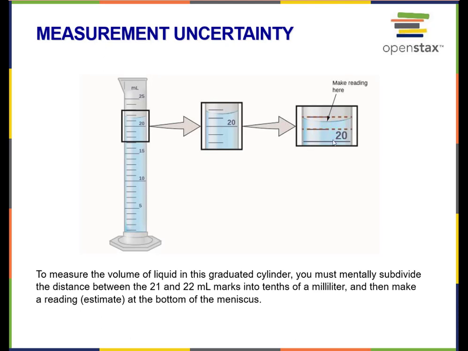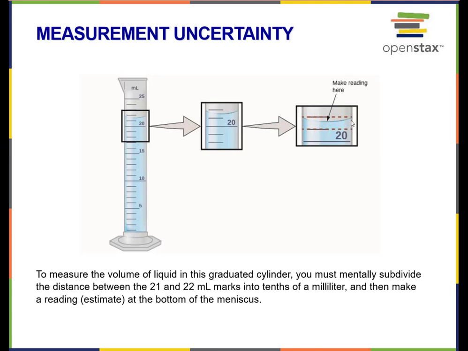But then if I zoom in a little bit closer and I look here, here's 20, here's 21, here's 22. So it's not quite 22, but it looks actually like it's a little bit higher than halfway. So maybe I'd say this is 21.6 milliliters.